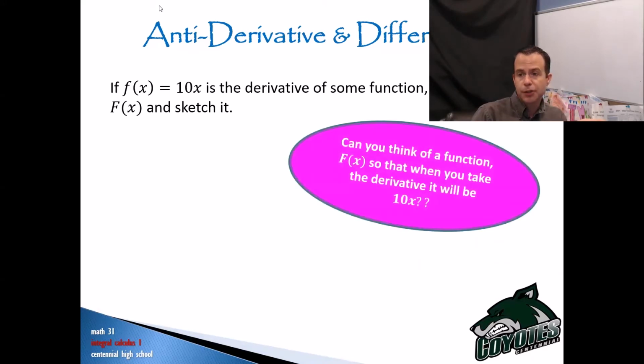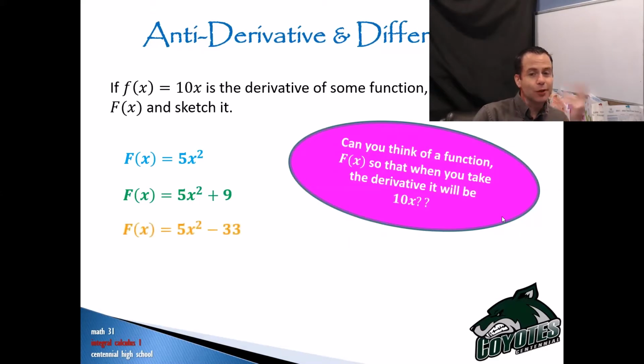So can you think of a function, f of x, so that when you take the derivative, it will be 10x? Sure, it's 5x squared. Now, here's the other thing to talk about. Why couldn't it have been 5x squared plus 9? When I take the derivative of 5x squared plus 9, the derivative of 9 is 0, so I'm still left with 10x.